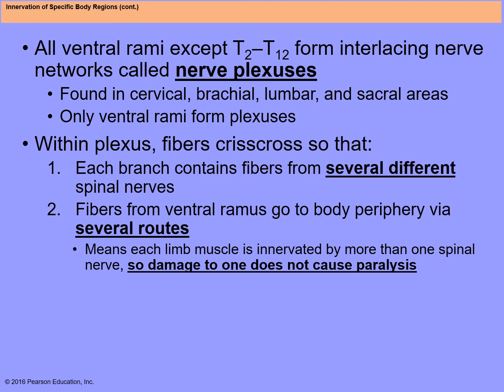You don't have just one nerve stimulating, say, one muscle and that's it. You have several different nerves coming from several different areas, so that if there is damage to just one spinal nerve, because you have this plexus coming in from several different nerves, the extreme branching, then damage is not going to cause complete paralysis, ideally.